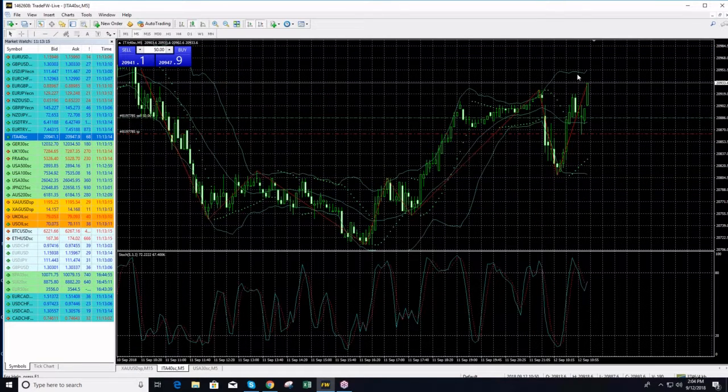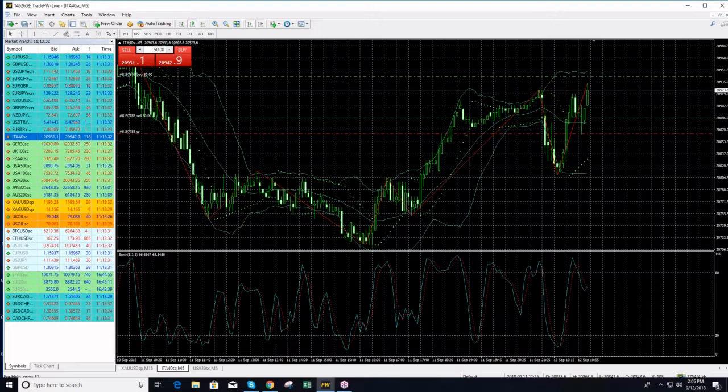Okay, we are close to the upper Bollinger Band. Okay, guys, also here, I will hedge. I will go for a buy position also here and see.